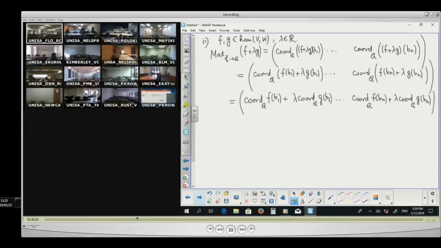Now, so you see, each of the columns of this matrix breaks up. So I can write this as this matrix plus lambda times the other.